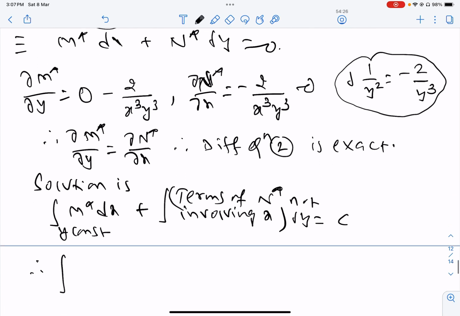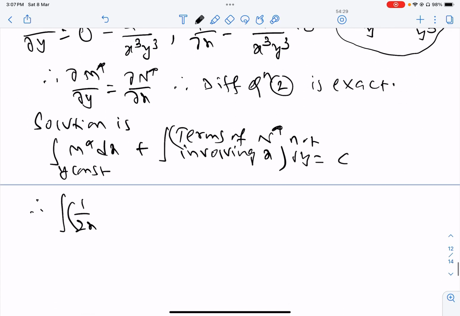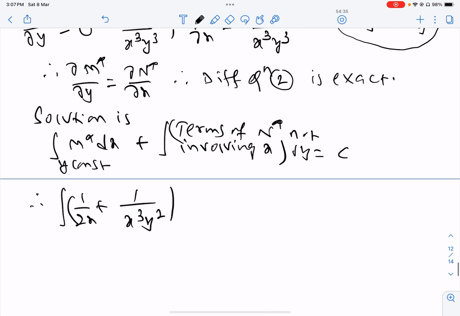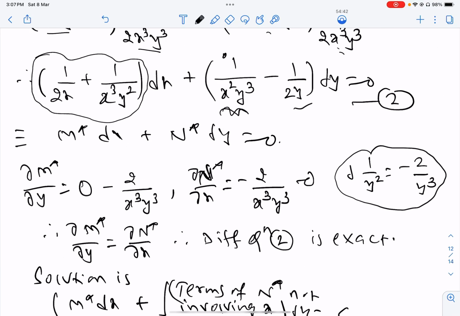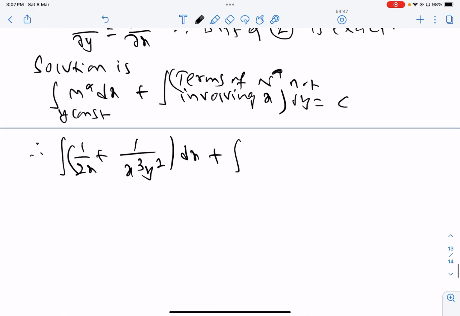So integration of 1 upon 2x plus 1 upon x cube, times y square, dx, plus the terms not involving x. This term is having x, so only minus 1 upon 2y. So minus 1 upon 2y dy equal to c.